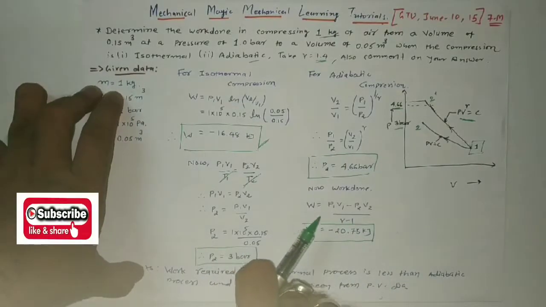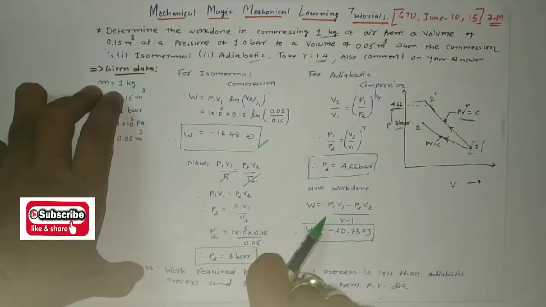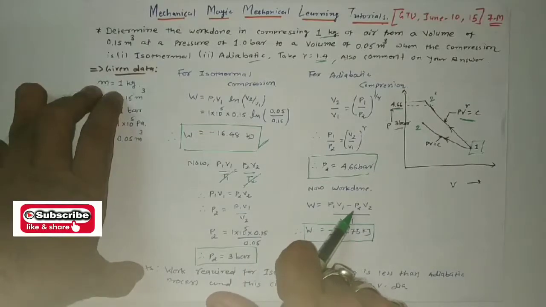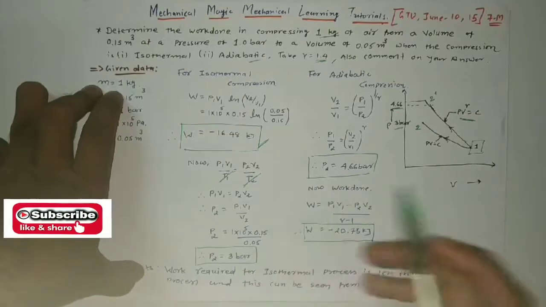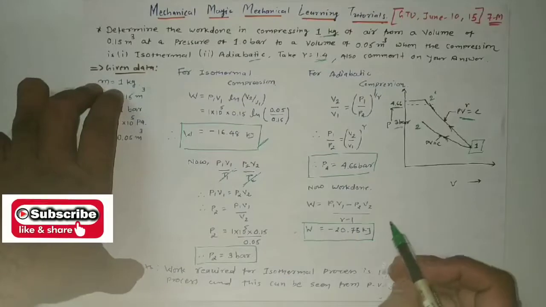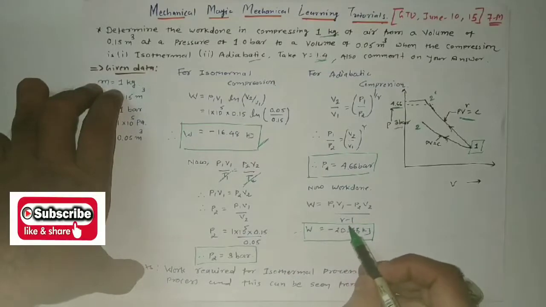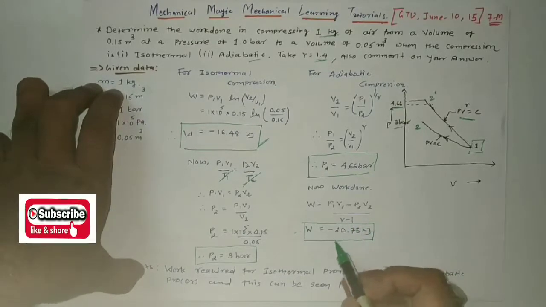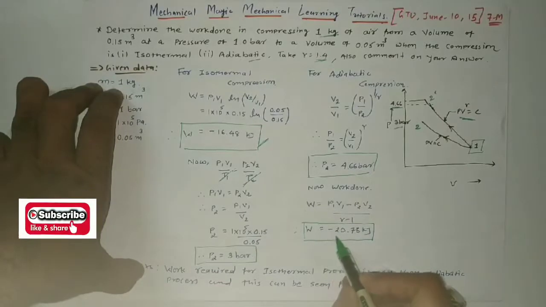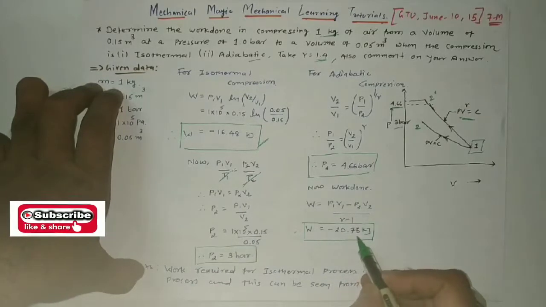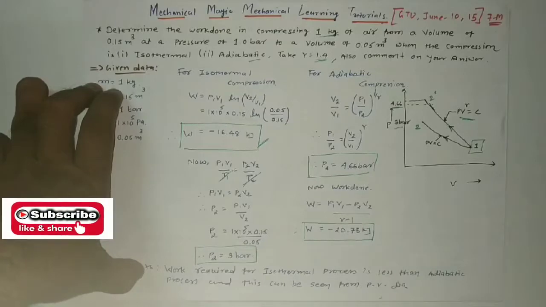So for adiabatic compression process, work done will be equal to P1 V1 minus P2 V2 dash, divided by gamma minus 1. Just put the value over here, and W will be equal to minus 20.75 kilojoule.